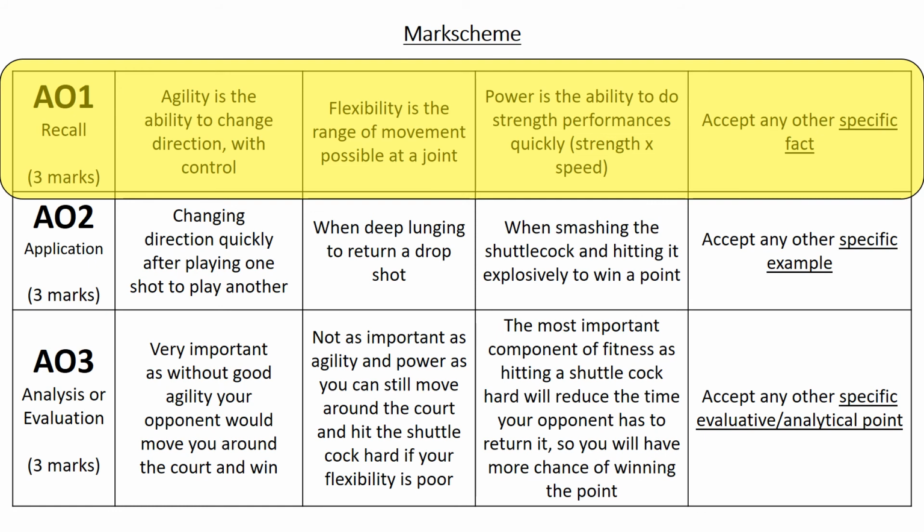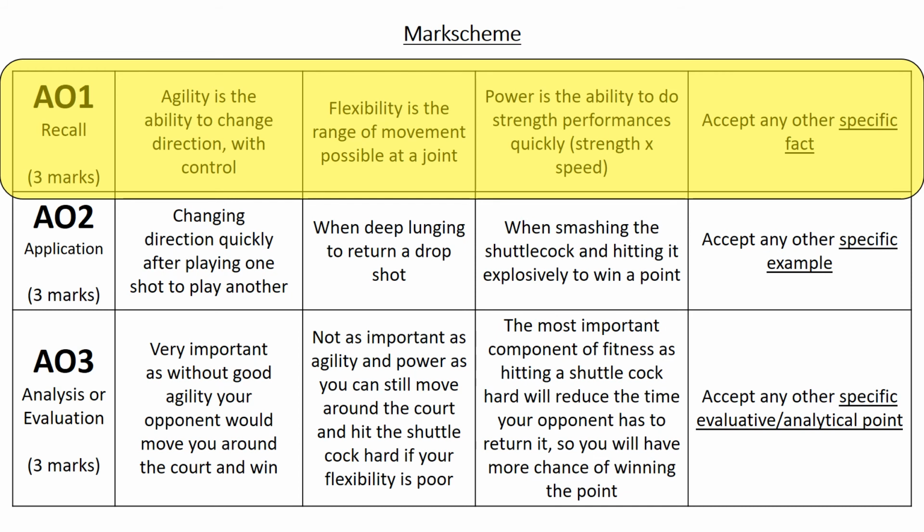Now I mentioned earlier, it's a really good idea to define any key terms, as that will typically give you 1 AO1 mark. So here in this first bit, we have agility, is the ability to change direction with control. Flexibility is the range of movement possible at a joint, and power is the ability to do strength performances quickly. Now I have written also a bit of guidance at the end there, accept any other specific facts.